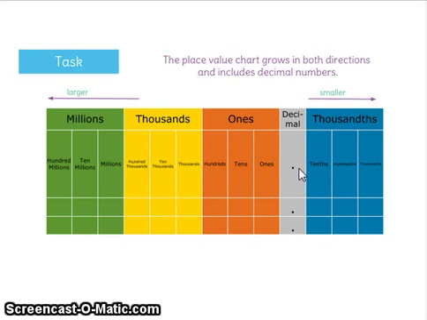Now, it gets complicated when you are reading like this. 145. Now, you read it just like you would if this was 145 and this decimal wasn't here. So if you have 145, you're going to have to end with where the last number is located.